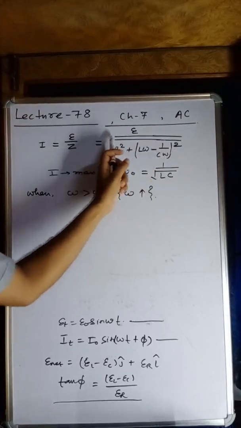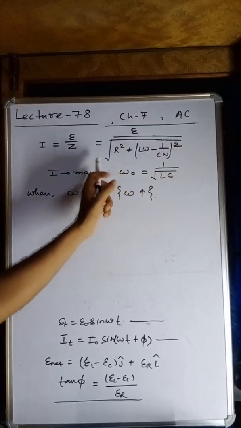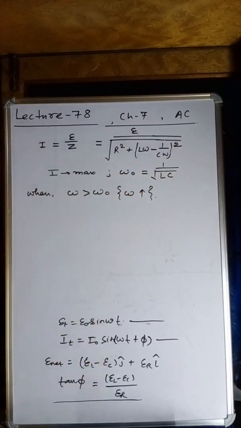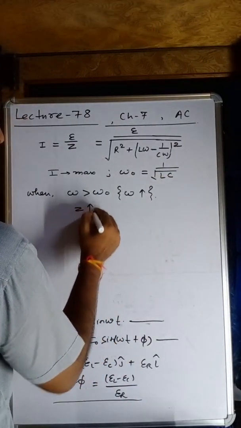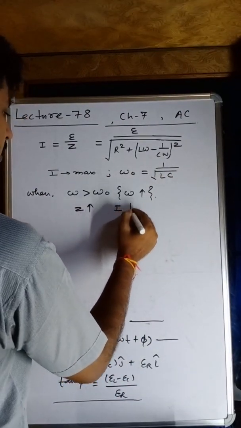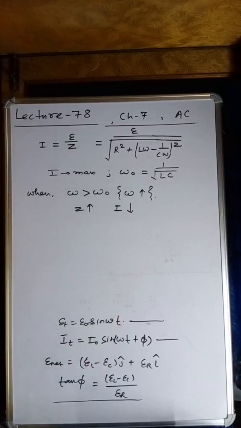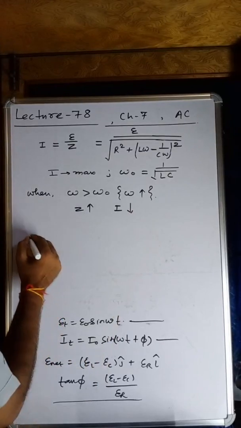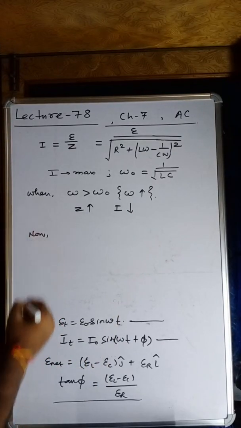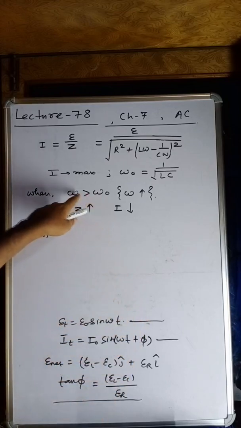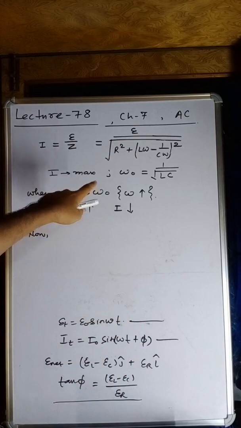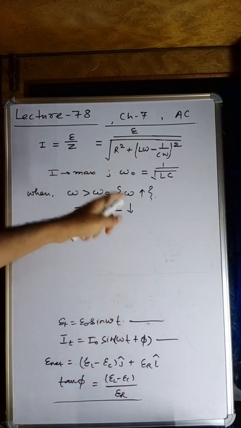And if Z is increasing, it means I will decrease. Due to this, Z will increase and I will decrease. Now, if we decrease this value, that is, omega is less than omega naught, then what will happen?